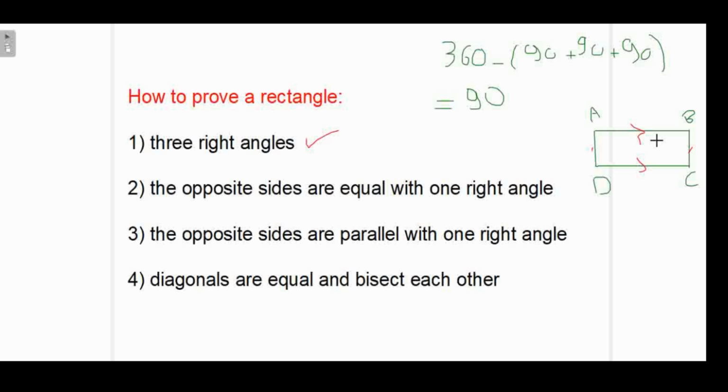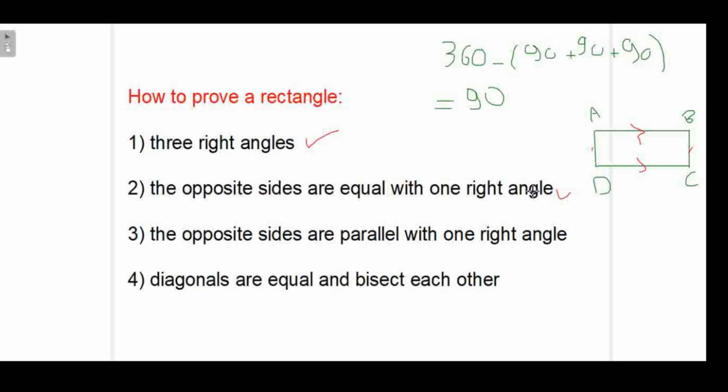So if AB equals DC and AD equals BC, and one right angle, any right angle, A or B or C or D, if all of these conditions are correct, then it is a rectangle. If of course we have a given that they are equal.